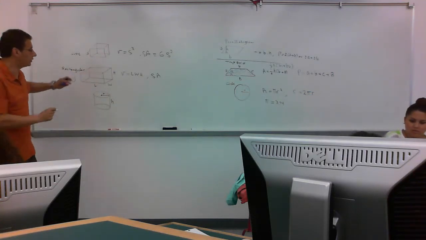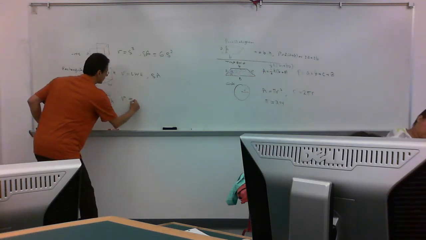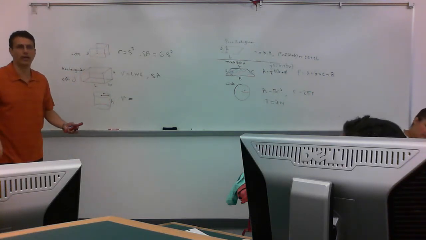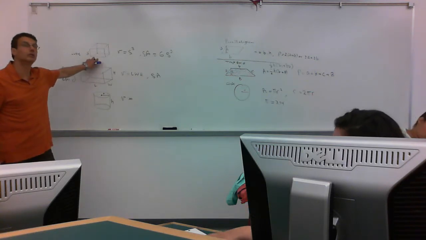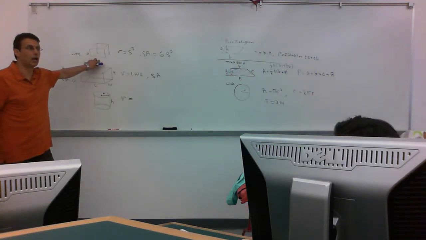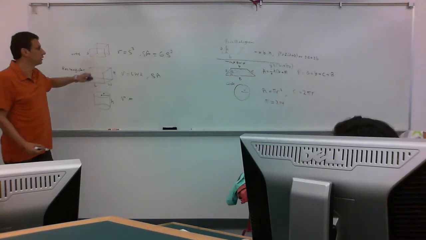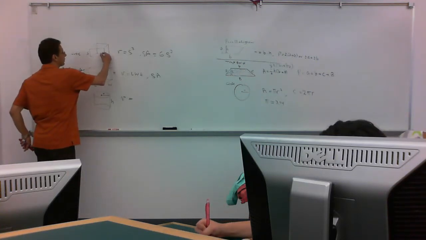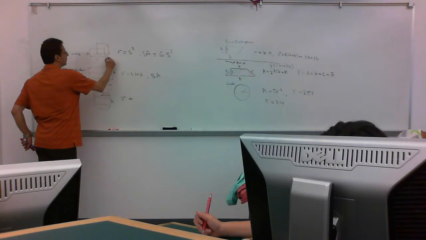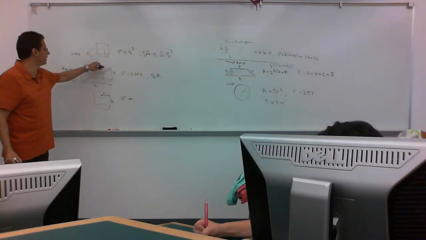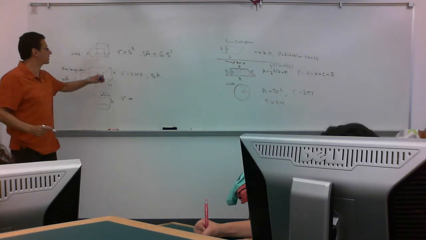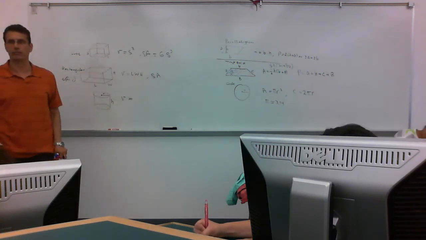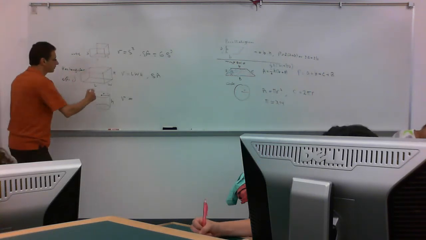Now, the volume in all cases, class, is the area of the base times the height. So what is the area of the base for a cube? S times S, S squared, right? Here's the base, right? What is the area of the base? S times S, right? And what is the height? S, therefore it's S cubed. Do you see that?